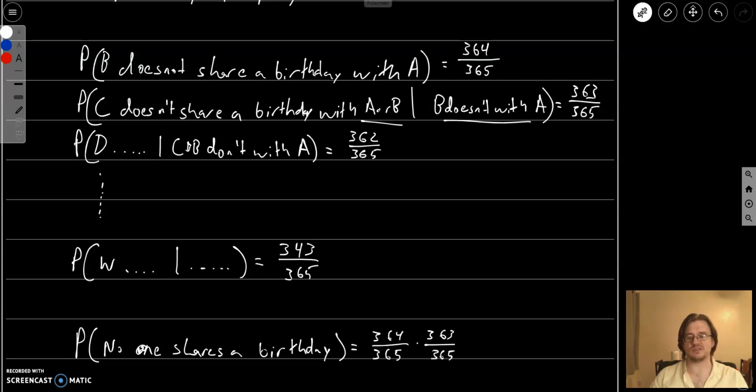The probability that no one shares a birthday is an AND. The probability that B doesn't share with A and C doesn't share with B or A and D doesn't share with A, B, or C. So because this is AND, we are multiplying.